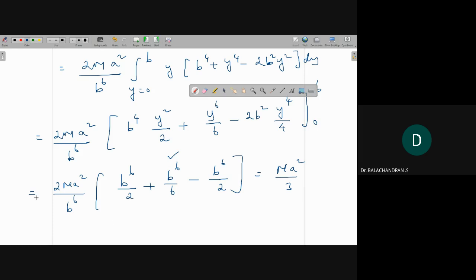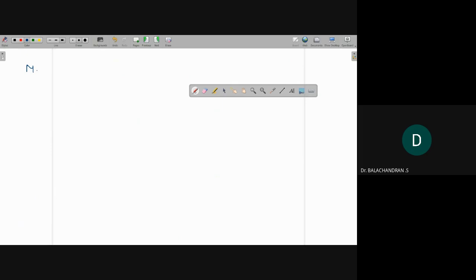So this is actually Iy. So by theorem of perpendicular axis, moment of inertia about z axis is Iz equal to Ix plus Iy.